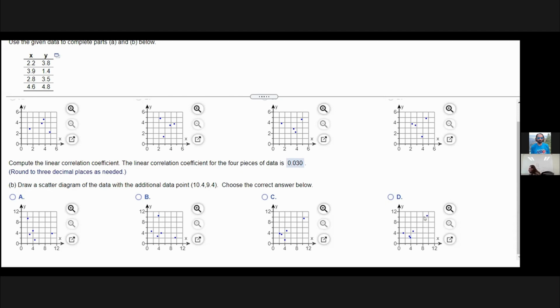Look at the horizontal and vertical closeness versus horizontal and vertical more spread out points. I'm trying choice C. They agree with that.